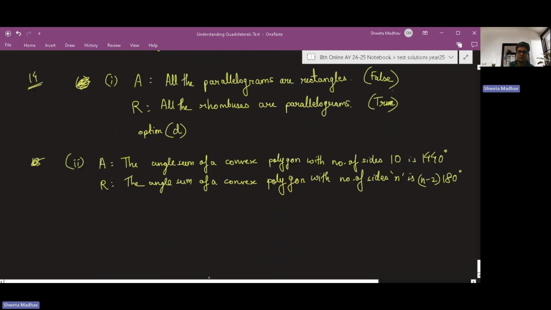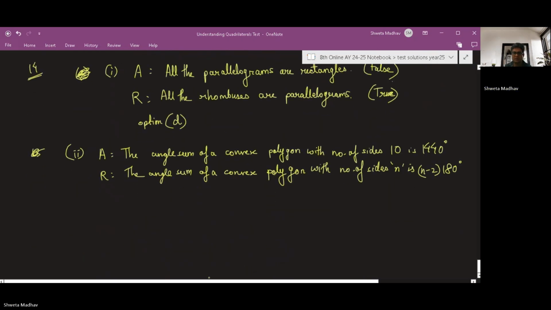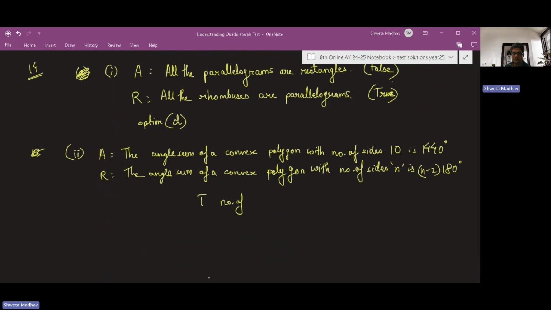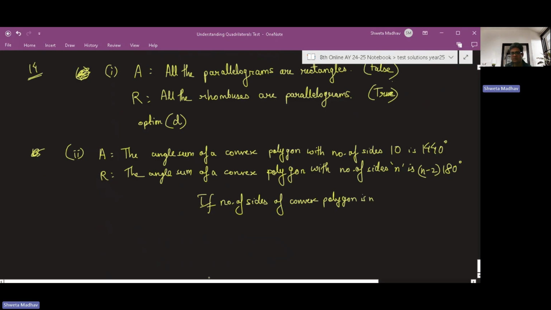This is true, as we know that if the number of sides of a convex polygon is n, then that convex polygon can be divided into n minus 2 triangles.